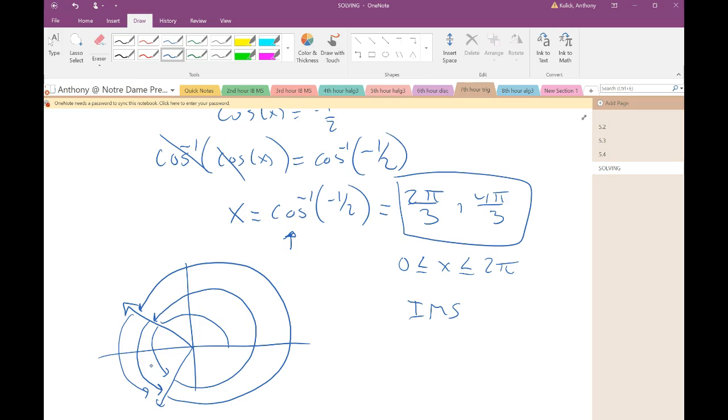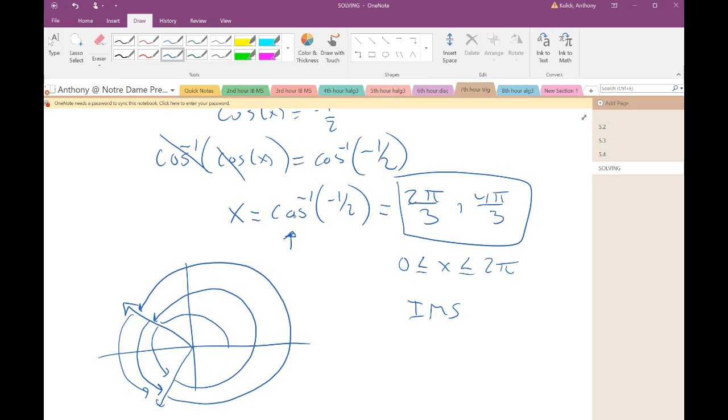I'm sorry, where are you at? Well, on the circle, if you go to negative 1 over 2, it's 7 pi over 6, and you could separate that. That is the y coordinate, though. We're looking at cosines, so we want to look at the x coordinates.